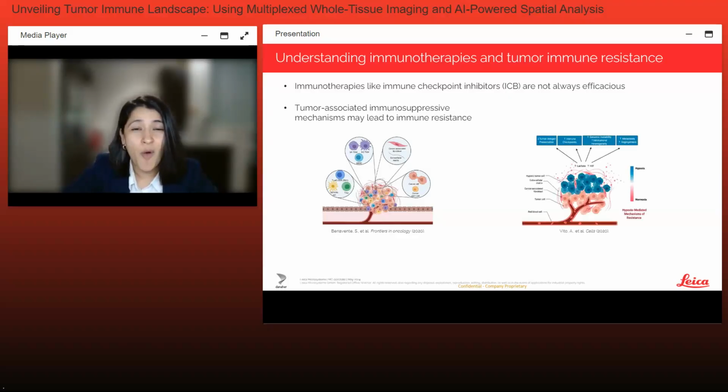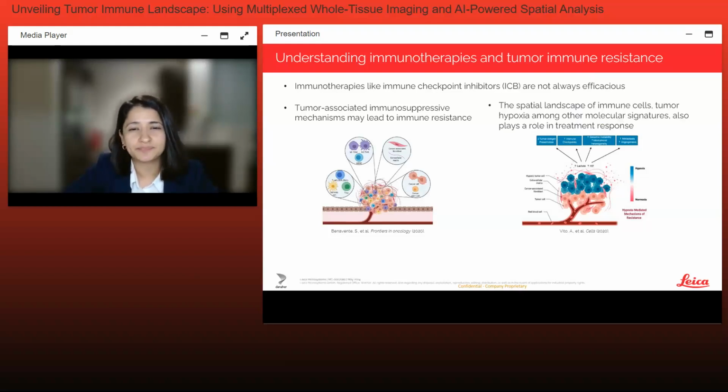Additionally, hypoxic tumor, which is a common feature in solid tumors and is characterized by regions of tumor with insufficient oxygen supply, may also induce immune suppression as well as modify the metabolic landscape.